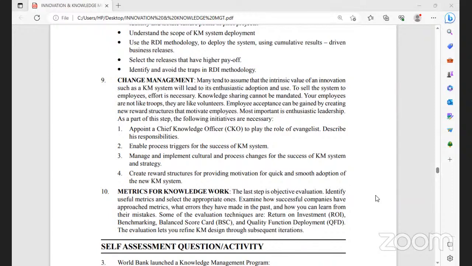Create reward structures to provide motivation for quick and smooth adoption of the new knowledge management system. This reflects change management in the real-time scenario relating to knowledge management.